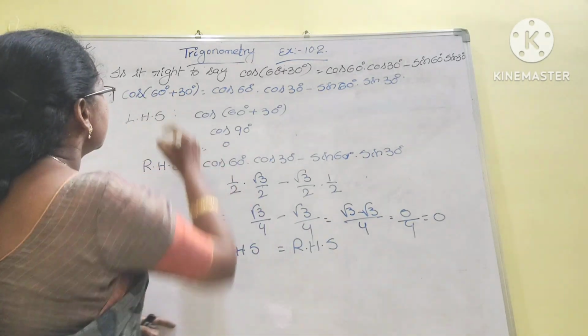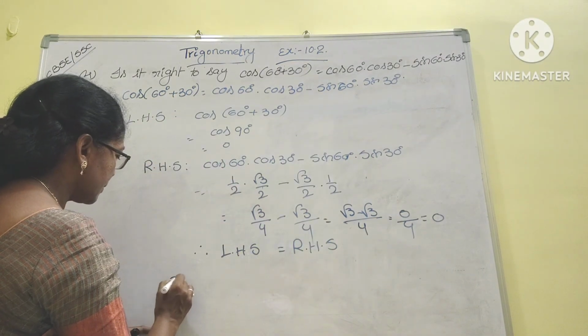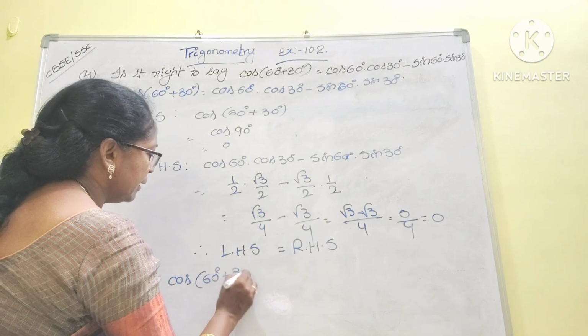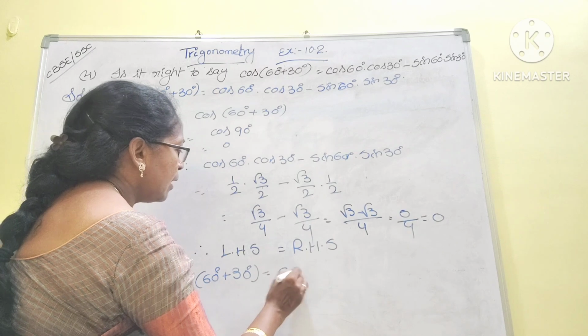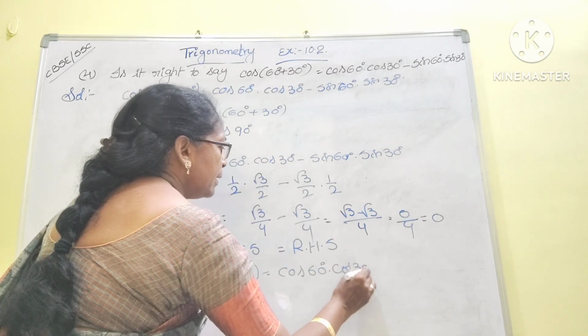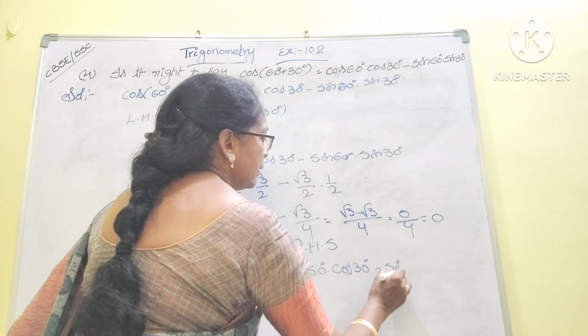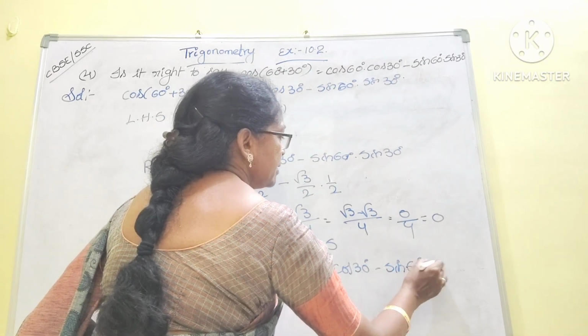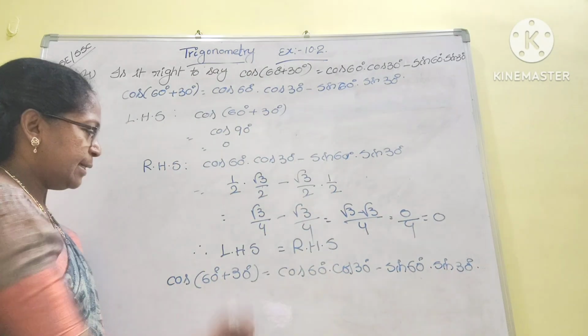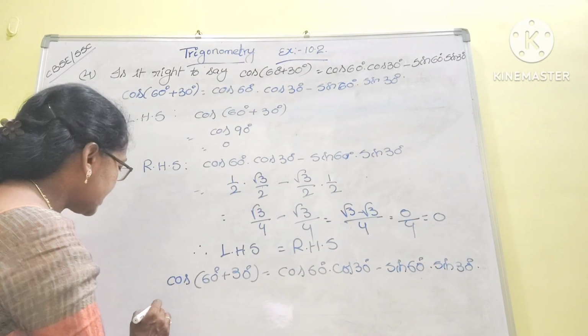What is that LHS value? Cos(60 degrees + 30 degrees) equal to cos 60 degrees into cos 30 degrees minus sin 60 degrees into sin 30 degrees. Yes, it is right. Yes, we can say that.